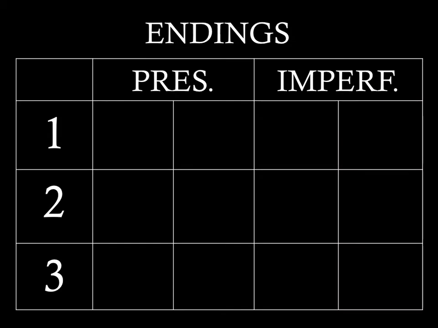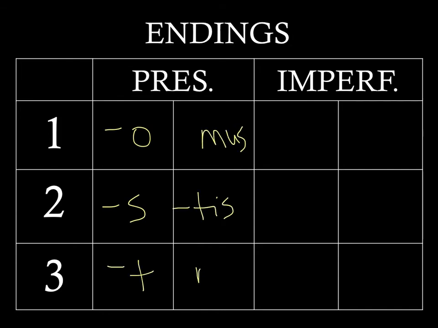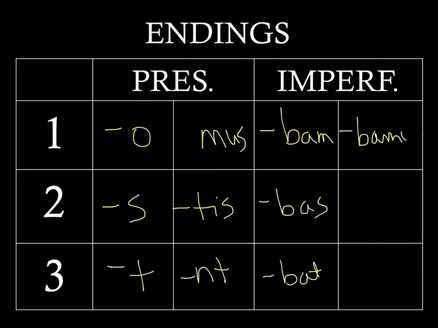The endings we're going to add for the present tense are o, s, t, mus, tis, nt. And then for the imperfect, the endings are bam, bas, bat, bamus, batis, bant. So those are going to be the endings we're going to add to the present stem.